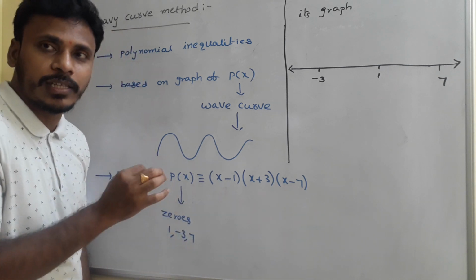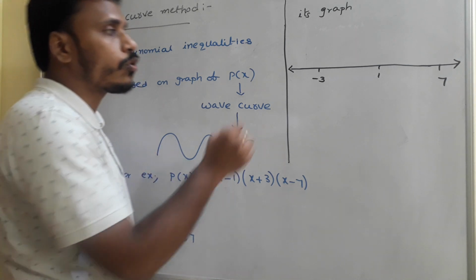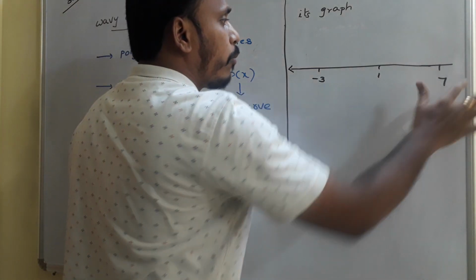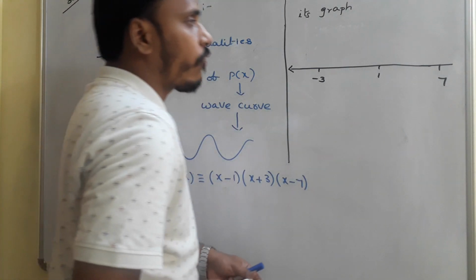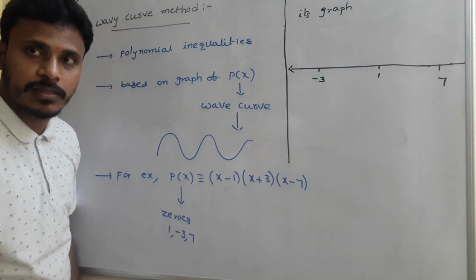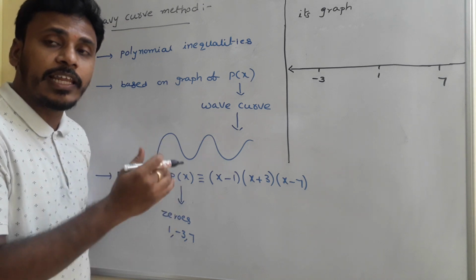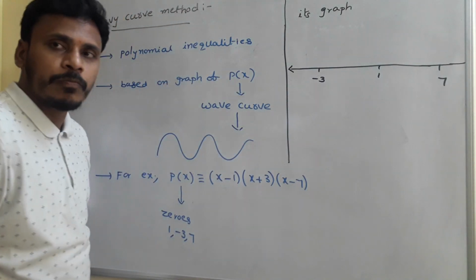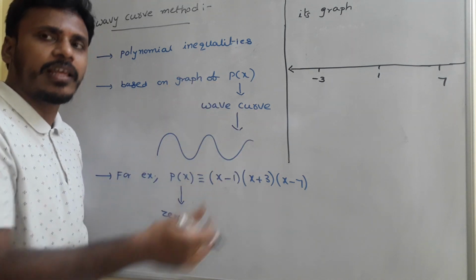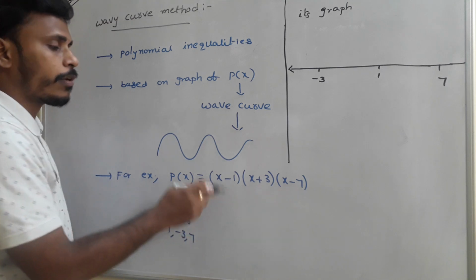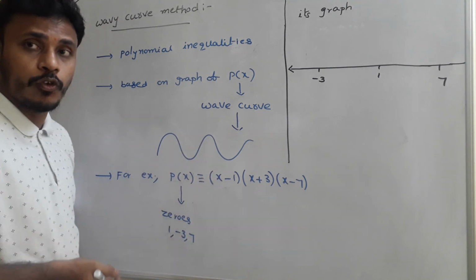I need to sketch the graph in a wave curve manner, so I need to think about how to start that wave curve, either from the upside of the x-axis or from the downside. For that you just take any value in the last region, after that 7. You may set 8 or 9 or 10, anything, no problem, okay? But for all those values, this expression is surely positive. Just check it if you need.